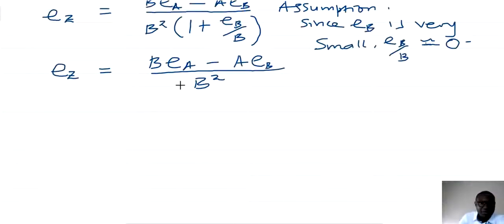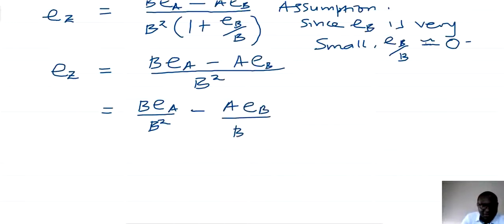So if we happen to distribute the B squared, we shall have B error A divided by B squared minus capital A error B divided by B squared.